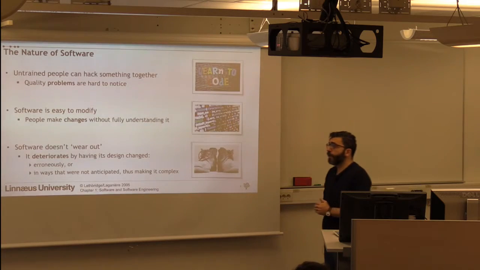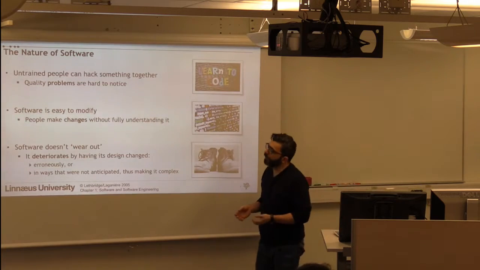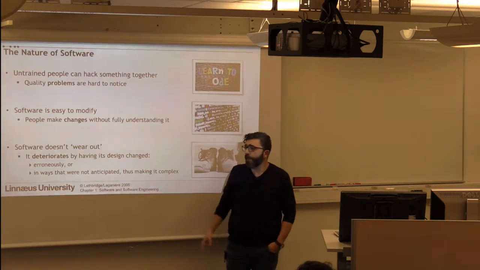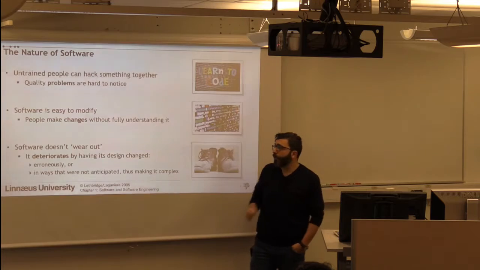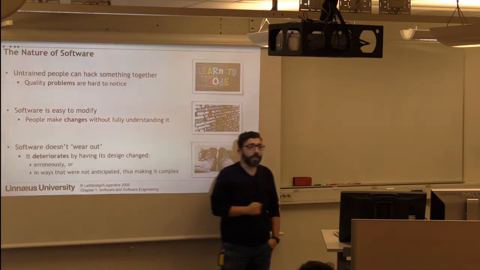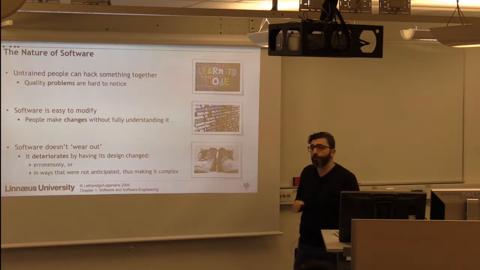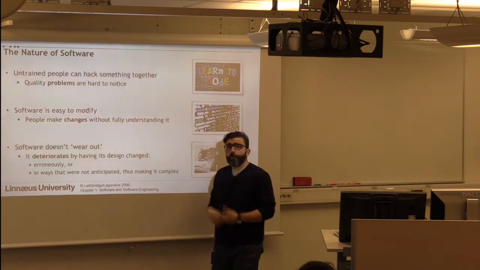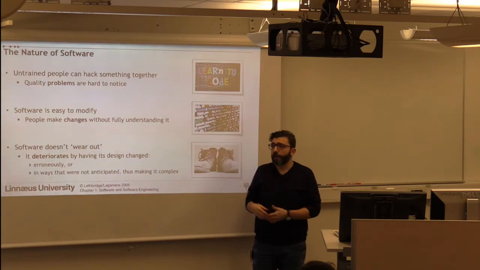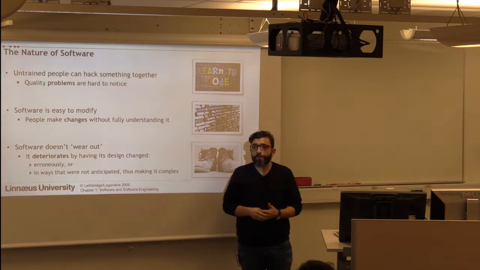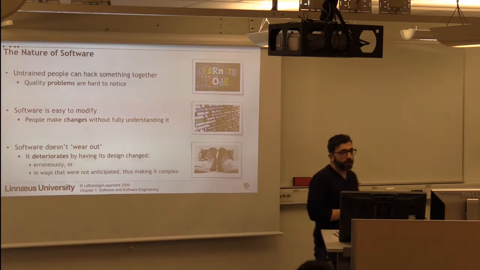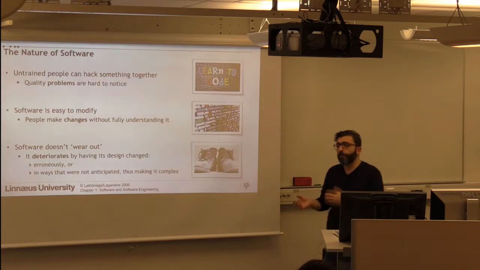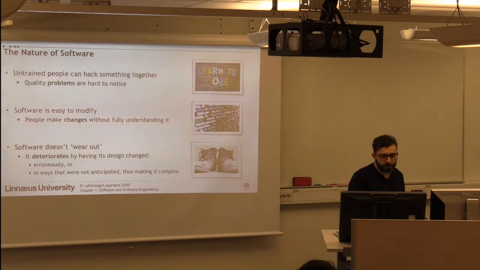And software doesn't wear out. It deteriorates only because the design changes, and the design changes for many different reasons. Because there are bugs in the actual version of the software and then we have to fix the bugs. Or because we need to evolve the software because the requirements for the software have changed. For example, we want to add new functionalities, or modify a given functionality already existing.